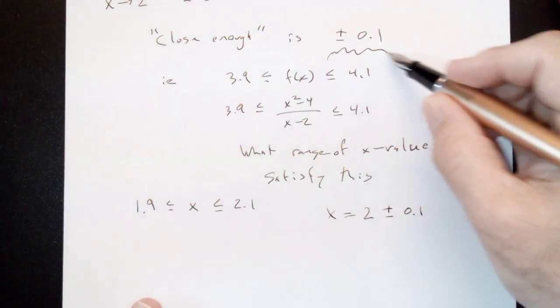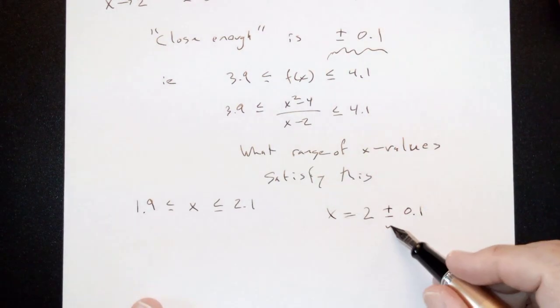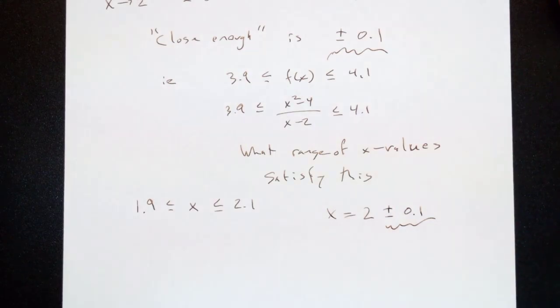You told me how close I needed to be. I tell you how close you have to be. If a limit exists, then I can always do this. No matter what number you pick, I'll be able to come up with a corresponding one.